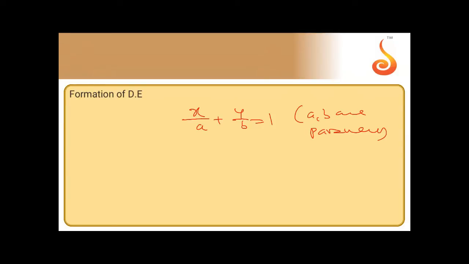So if you differentiate the first time, 1 by a plus 1 by b into dy by dx equal to 0. But the first derivative is over. You can differentiate again, no problem. Instead of doing that, here constants are there. So 1 by b dy by dx equal to minus 1 by a. Therefore dy by dx equal to minus b by a.